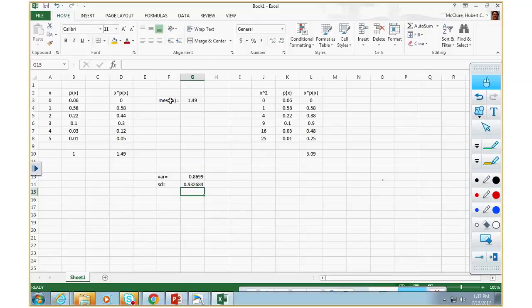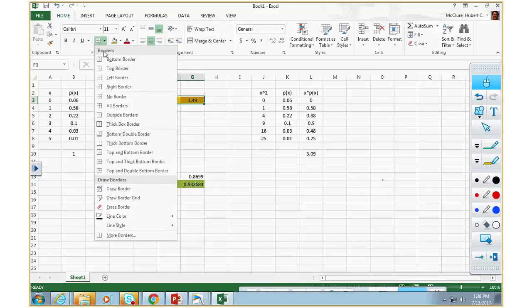So again, two most important things are the mean and the what? Standard deviation. So make sure you know how to find those, because that's what's going to make up 90% of anything I give you out of Chapter 6.